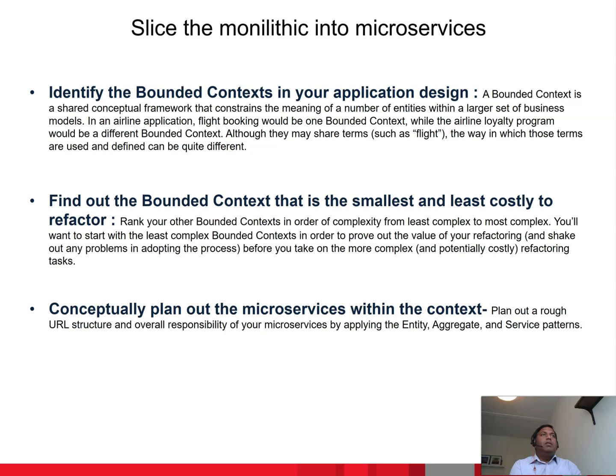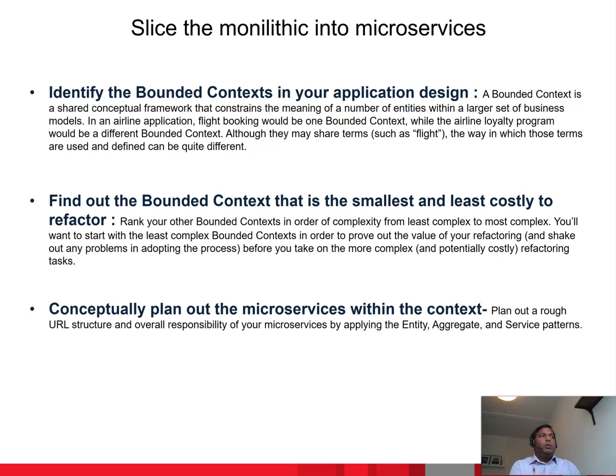But even then they will share the context of a flight, and the way in which those terms are used can differ, or the message can be shared across the different bounded contexts. Find out the bounded context that is the smallest and the least costly to refactor. Always find the bounded context boundaries that are smallest and least impacted, so that you can really understand the business and define the boundaries.